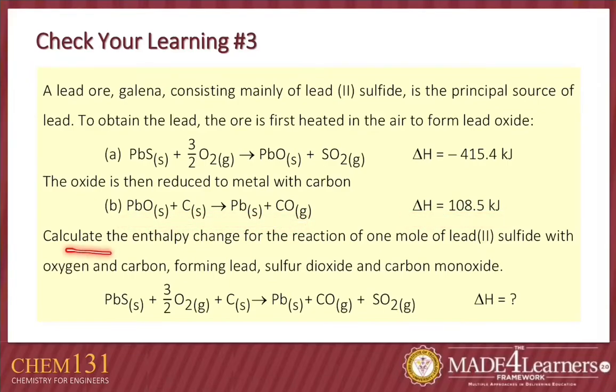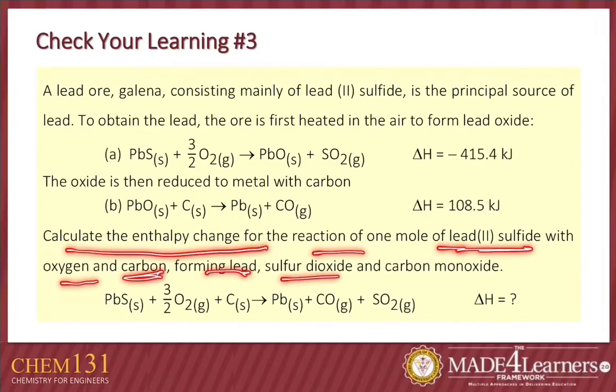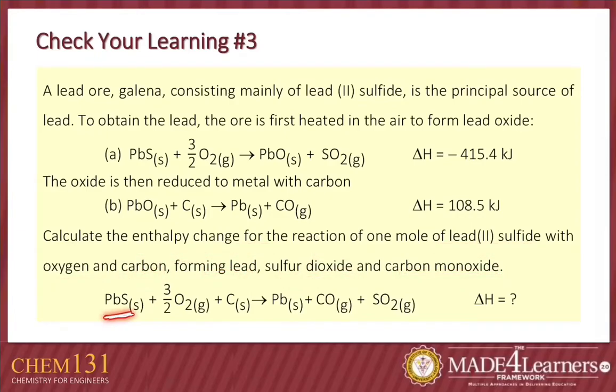Now we are to calculate the enthalpy change for the reaction of 1 mole of lead(II) sulfide with oxygen and carbon, forming lead, sulfur dioxide, and carbon monoxide. So this time, our reactants are lead sulfide, oxygen, and carbon.